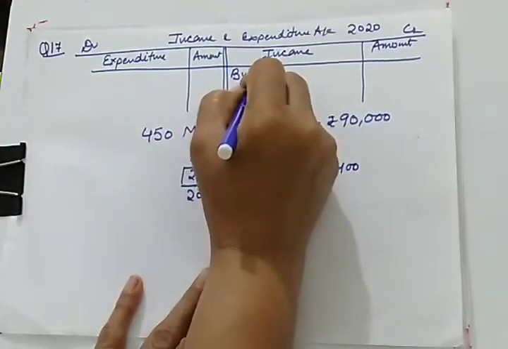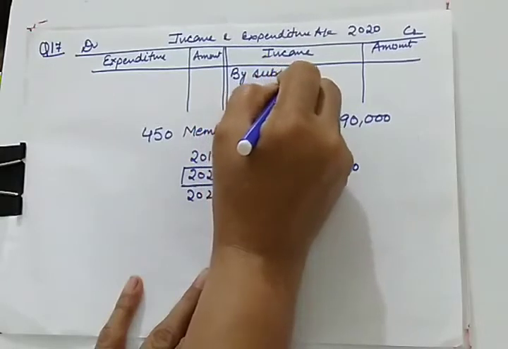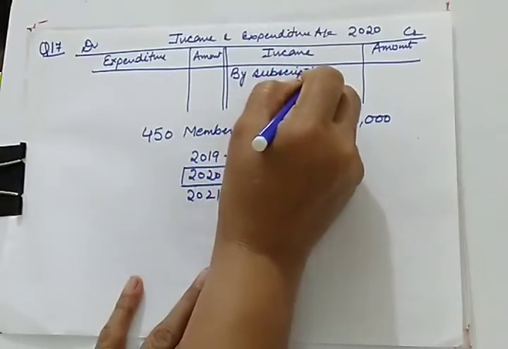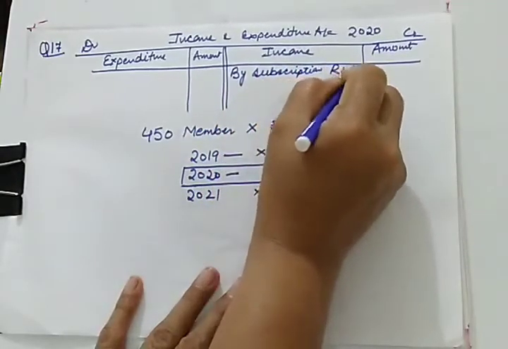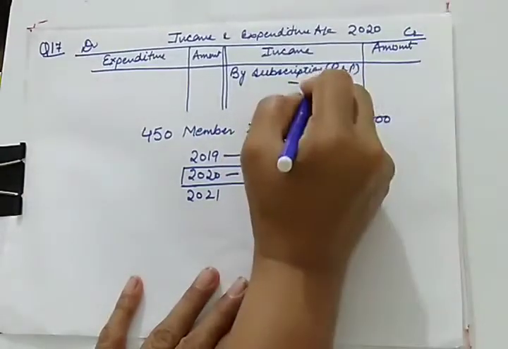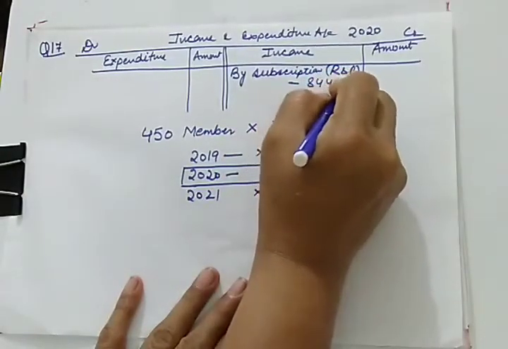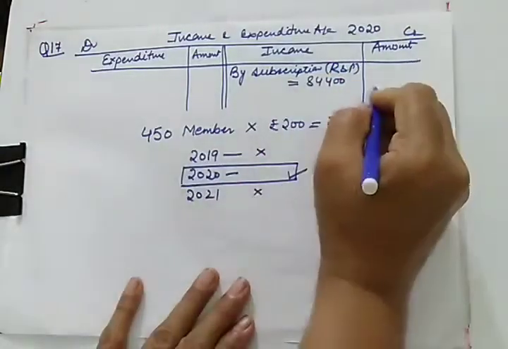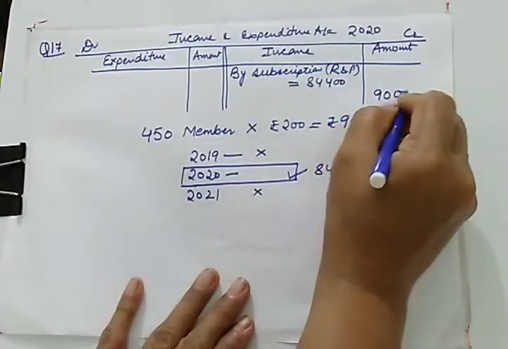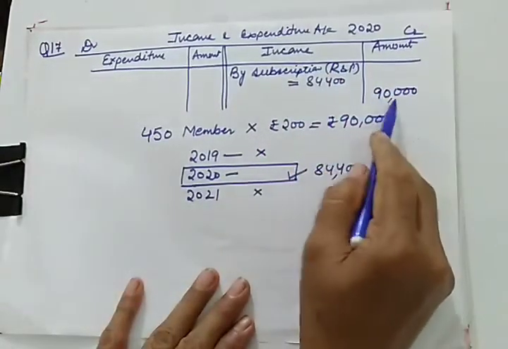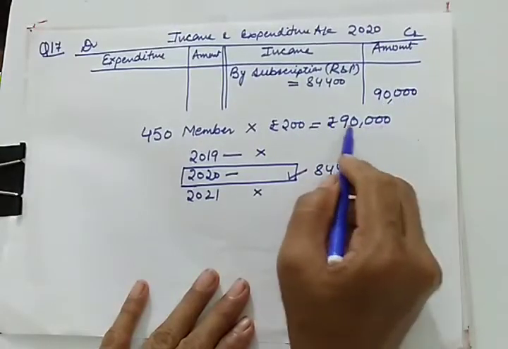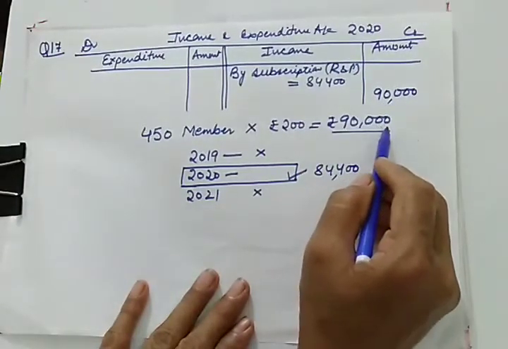So we will simply write by subscription as per receipt and payment account, in the inner column, 84,400. And in the outer column, the answer is with you. It should be 90,000 because this is the total subscription of the current year.